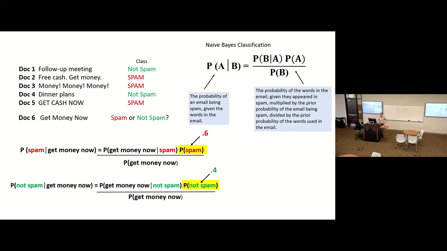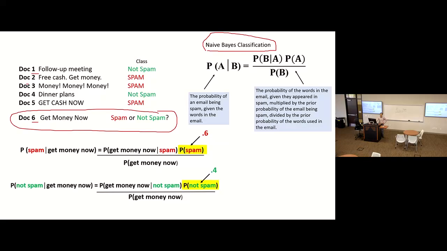This is another example, using naive Bayesian classification. You consider this training data, documents 1, 2, 3, up to 6, to see whether each is a spam or non-spam email message. That's your training data.